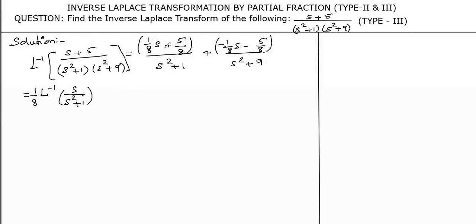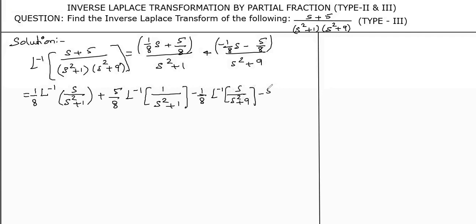So we can split the numerator: s is the first term, and plus 5 over 8, a constant again, Laplace inverse of 1 over s square plus 1, and minus 1 over 8 is a constant here, Laplace inverse of s by s square plus 9, and minus 5 over 8, Laplace inverse of 1 over s square plus 9.